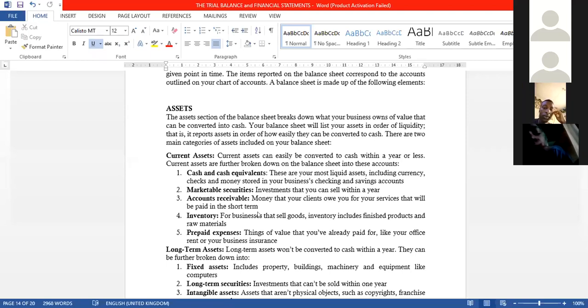Normally, current assets are assets that can be converted into cash within a year or less. If you look at something like a plot, sometimes it is difficult to sell a shamba. It can take 2 years, 3, 4, 5 years, 10 years, depending on the situation.